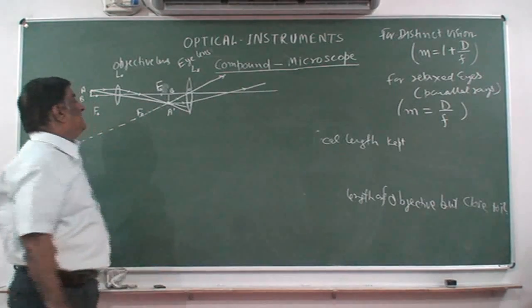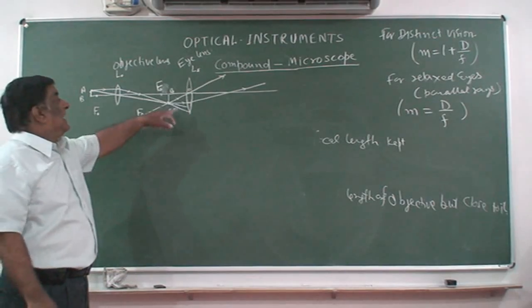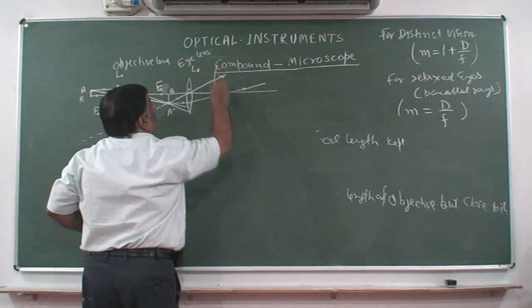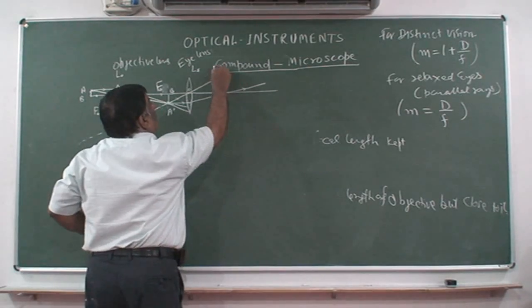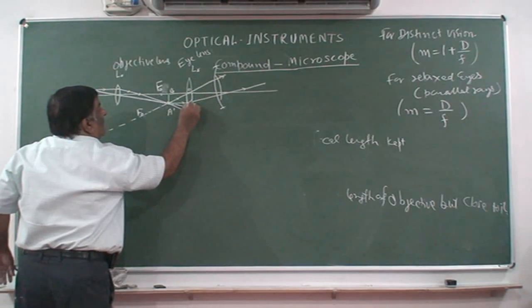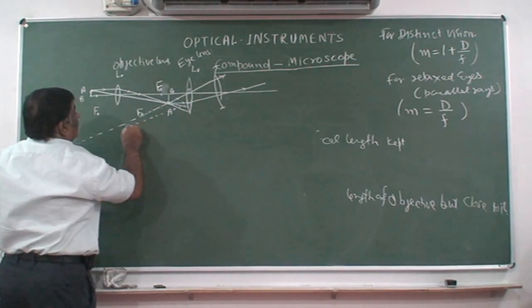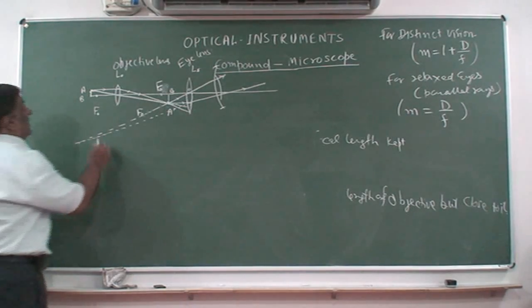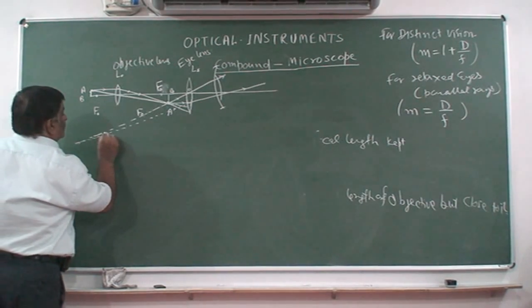These are the two rays. If we keep our eyes here, what do we see? One ray is coming here, one ray is coming here, and the image appears somewhere at this point.